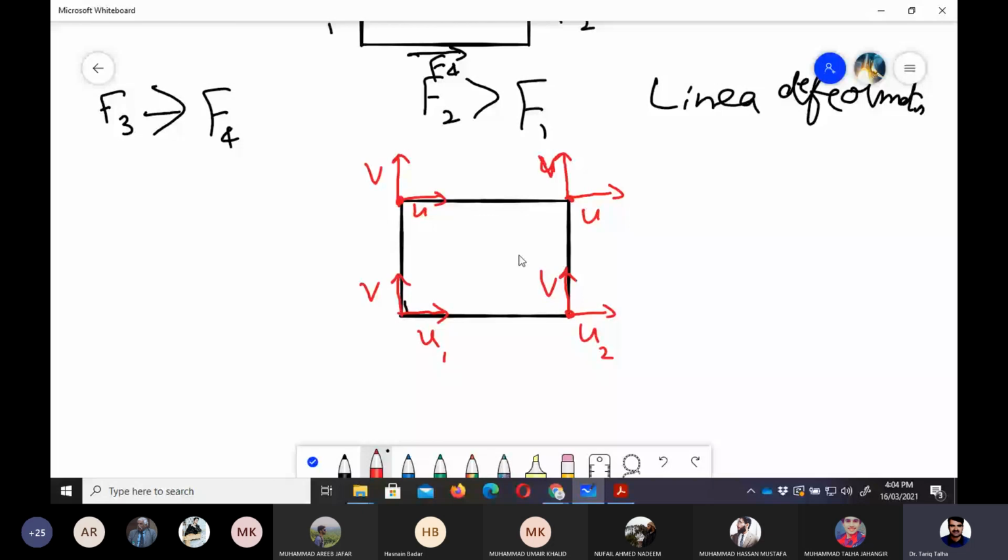But now we need to see how we can quantify these deformations by using the velocity information. So let's consider that we have this element, its size is delta y and delta x.